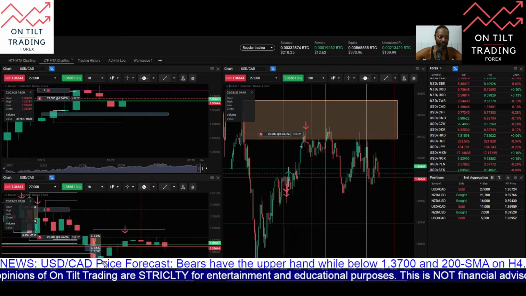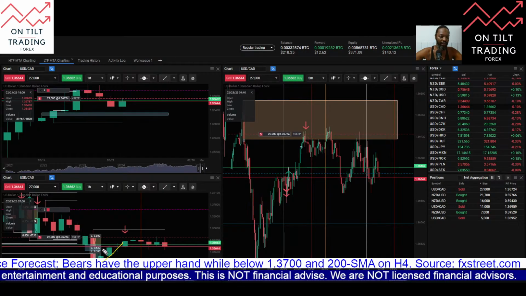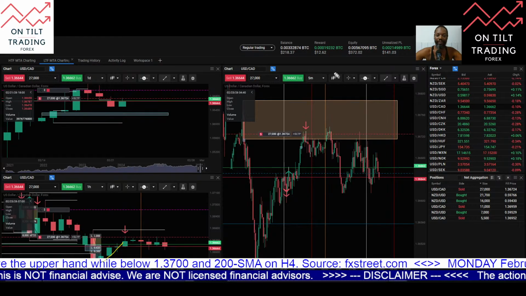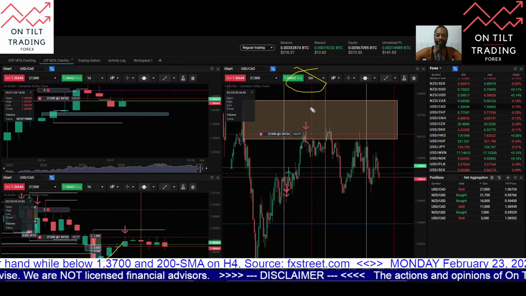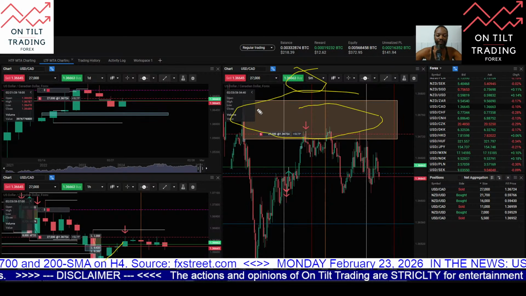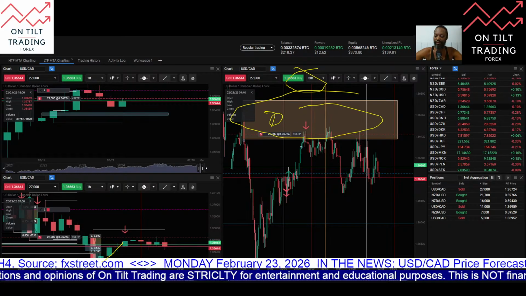And with that, you can see price pulls back into this bearish fair value gap, and further back here on the 5-minute chart into this area, which is the area of the bearish order block.